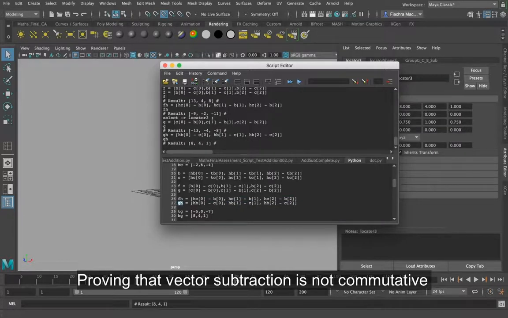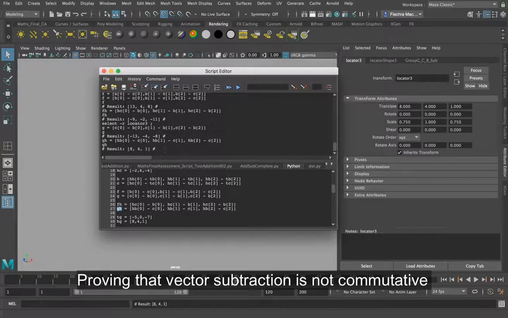First things first, the position is 8, 4, and 1, and it's the same as in the attribute editor. Next we can take a look at the results of both. The result for G is -13, -4, and -8.